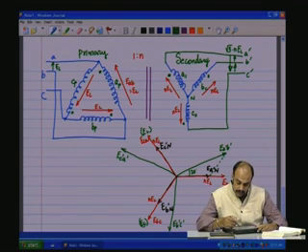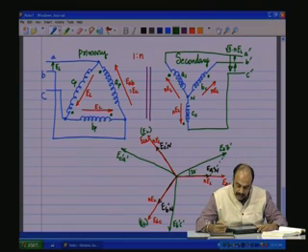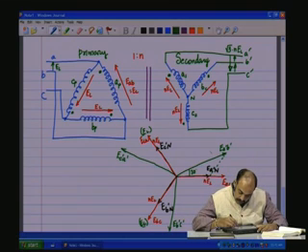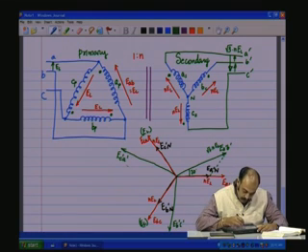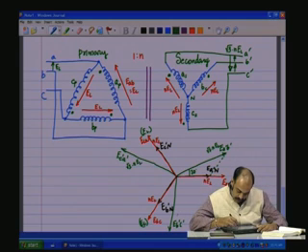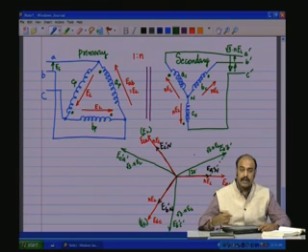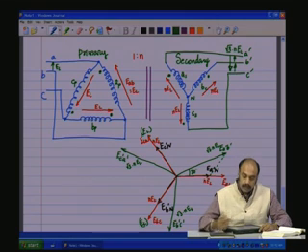So, what you get here would be root 3 into N EL. So, that would be the amplitudes of the voltages there.